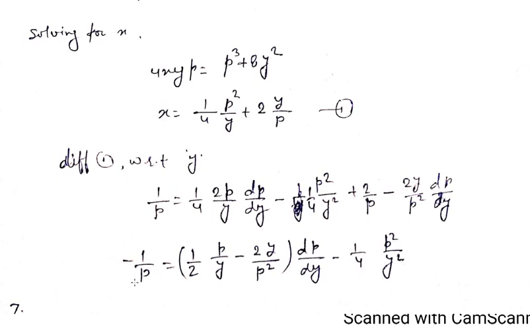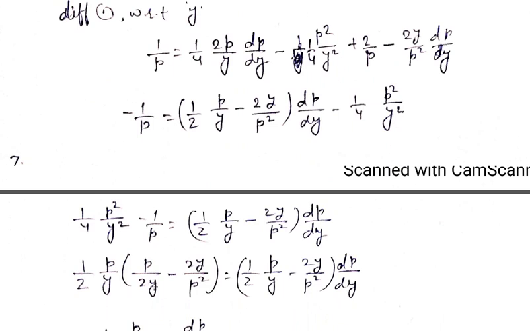Taking this term into the left hand part, we get 1 upon 4 p square upon y square minus 1 upon p equals half p upon y minus 2y upon p square dp upon dy. Now in the left hand part we will take 1 upon 2 p upon y common.